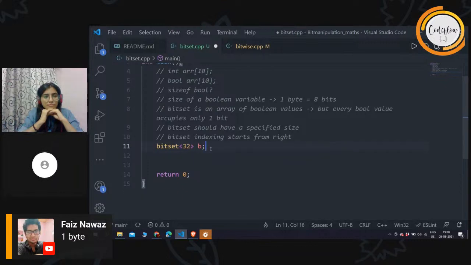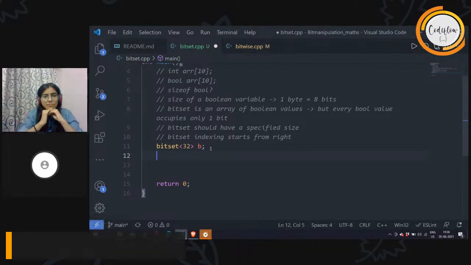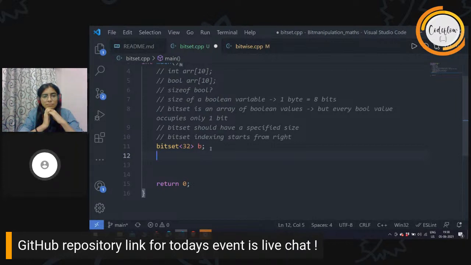Now, if I want to convert any number into a bitset, I know how to create it and I know how to write it. But if I want to convert any number into a bitset, for example, let me take int x is equal to 20.